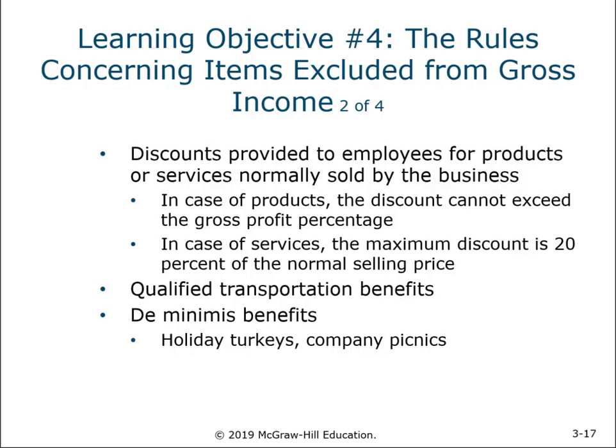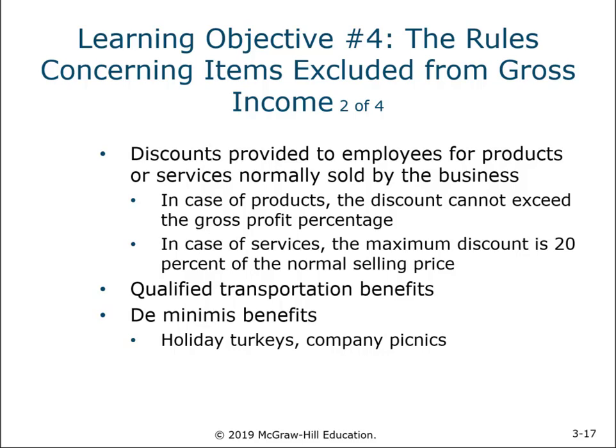They like to get a discount on stuff, and that you can do. And you don't have to count that as additional income to that employee. The employee doesn't have that as income on their tax return. Qualified transportation benefits, for instance, bus passes and things up to a certain amount you can provide.